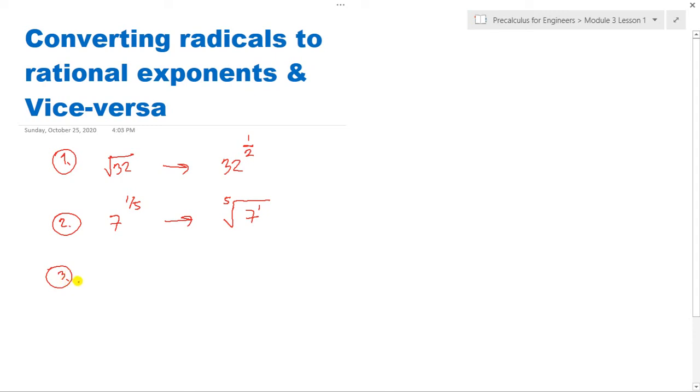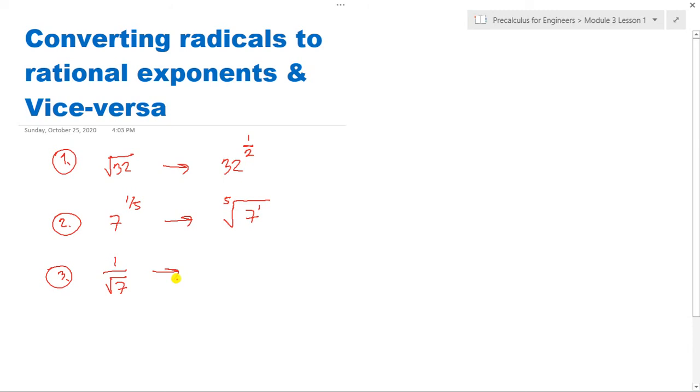Next, how about if we're given 1 over square root of 7? Hala, class, paano to? Kasi yung radical mo is andun na sa baba. Actually, you can do a lot of techniques here.